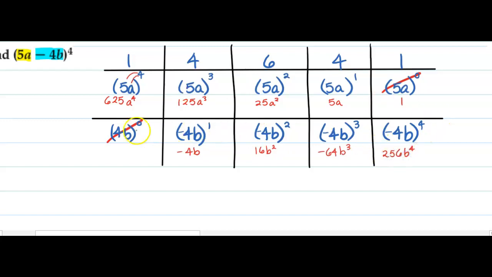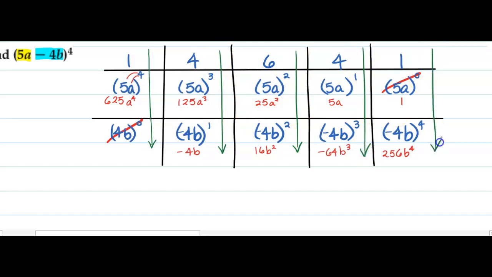Now that I've simplified all of these terms, I'm now ready to go ahead and just multiply down each column. Again, I'm going to be taking the first constant and the last constant, multiplying them together, and any constants along the way, and then I'll put my variables.